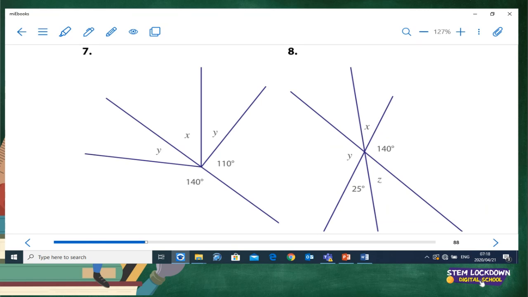And of course, when you add them together, y plus 140 degrees must give you 180 degrees. Why? Because they are angles on a straight line. This means that the value of y will be 40 degrees because we already have 140 on the other side. And of course, if you add 40 and 140, you get 180 degrees. And that is what you get.